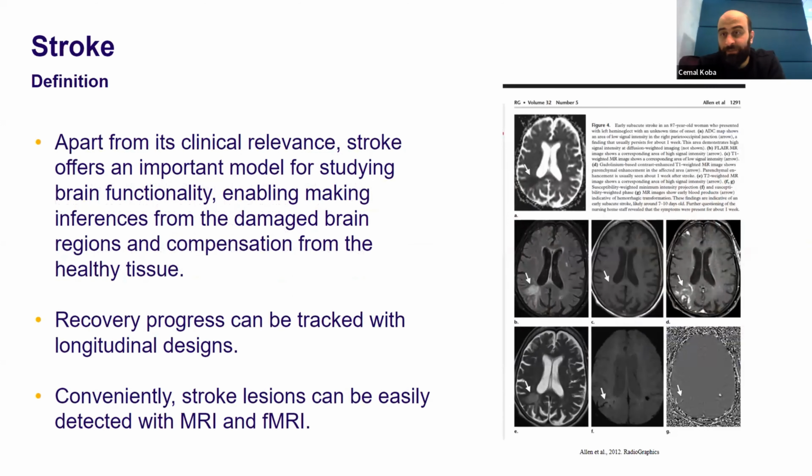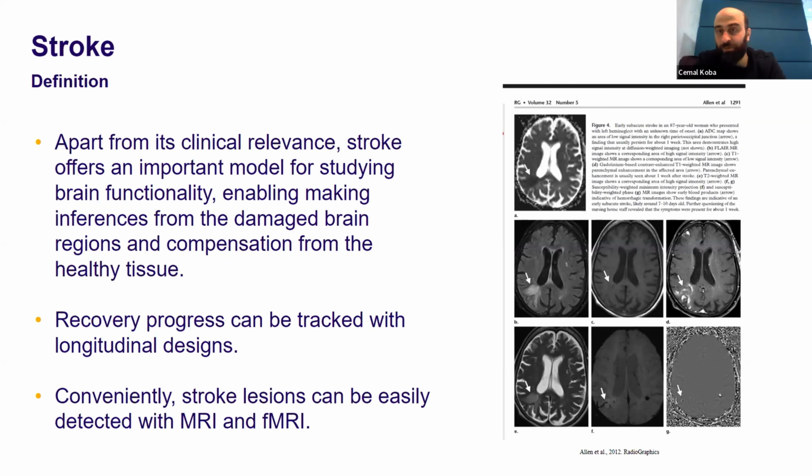And it presents a good model for brain functionality because, depending on the location of the stroke lesion, you can make predictions or you can investigate the brain function. And if you can record the recovery progress, if you have longitudinal designs, you can also keep track of recovery and behavioral improvement across time.